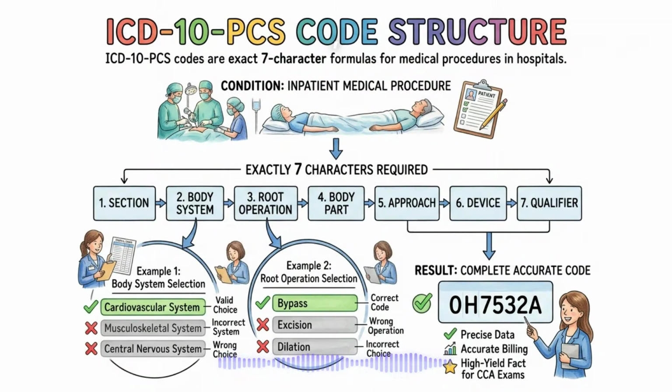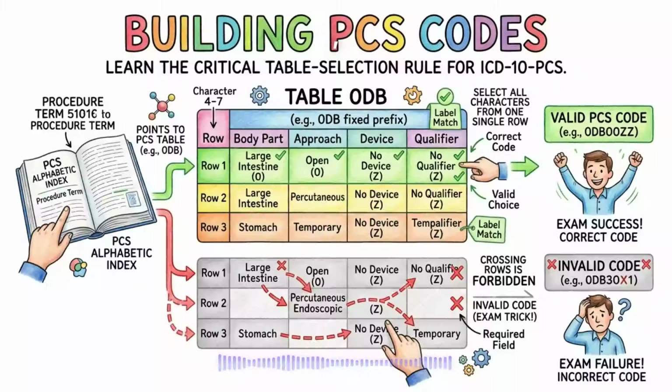Because every character has a defined purpose, you can actually build a PCS code character by character using the specialized tables in the manual. To build a PCS code, you must first consult the PCS alphabetic index to locate the table associated with the procedure.